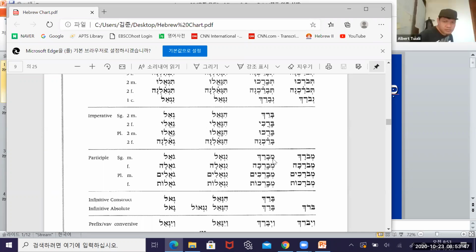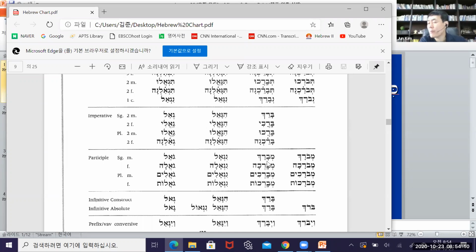What about participle form? In case of a participle form, actually, there must be compensation here as well, because this one cannot take dagesh, and then we have what? Kamets again. Then what do you expect for the strong verb here? It's pata.